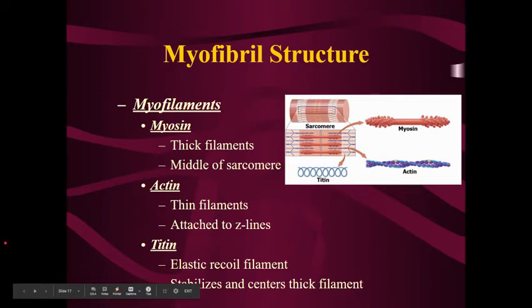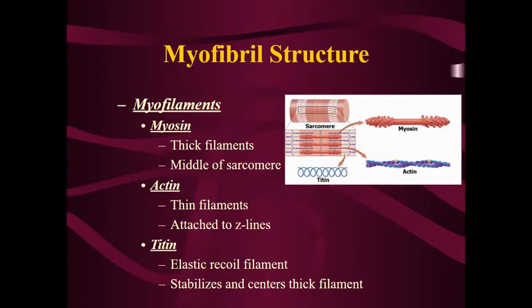Myofibrils also contain myofilaments. There are three main myofilaments in a myofibril. There are myosin myofilaments, which are thick filaments that we find in the middle of the sarcomere. So think myosin is found in the middle.